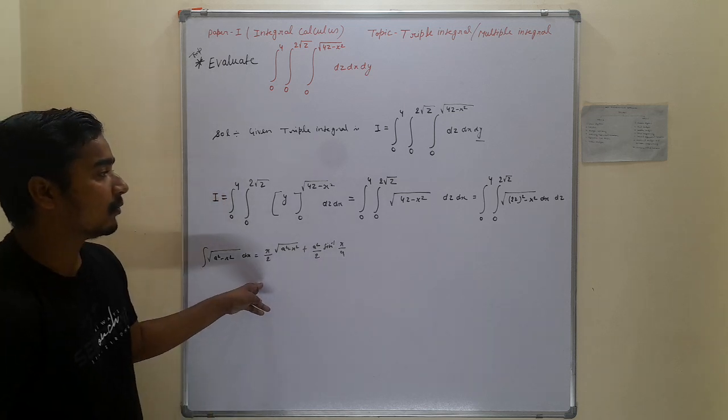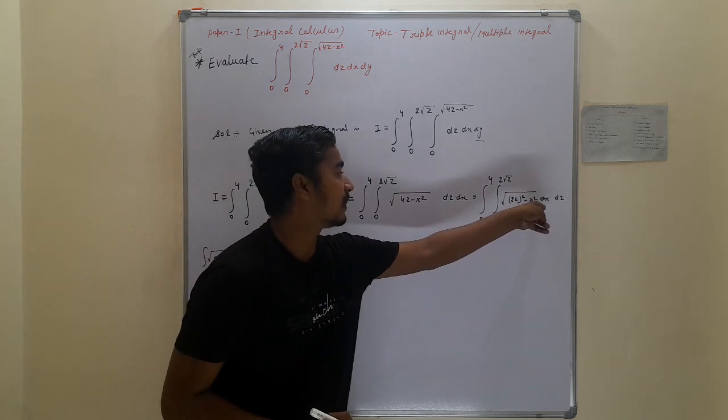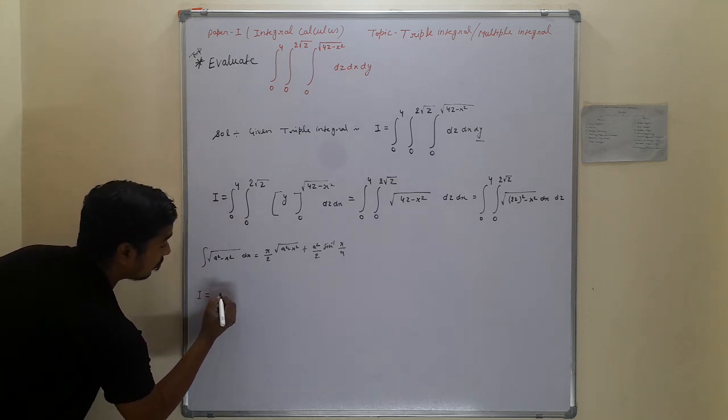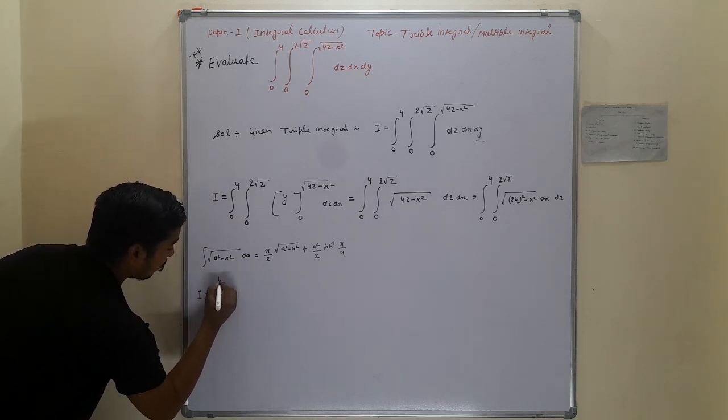Using this formula to integrate with respect to x, we write integral I equals integration 0 to 4.